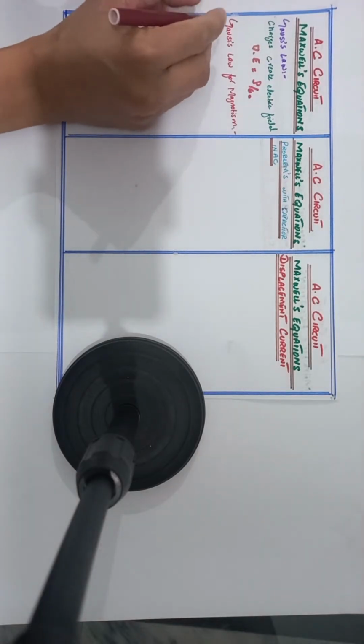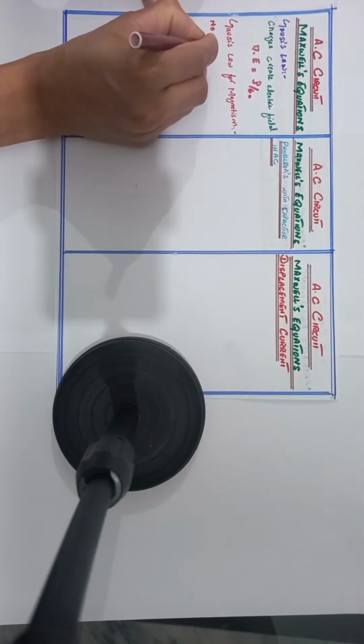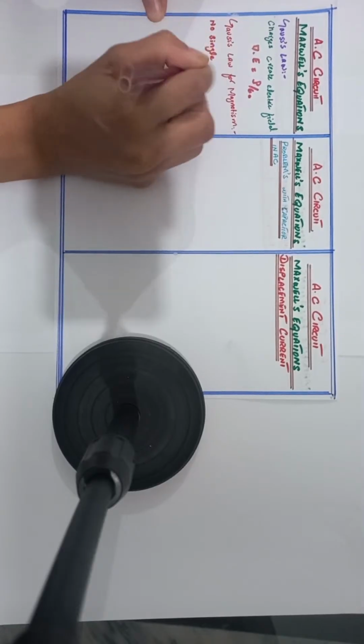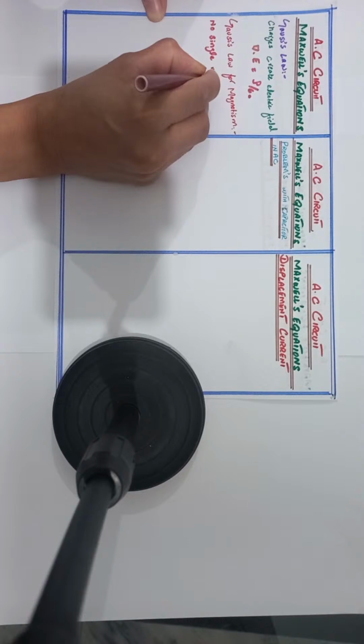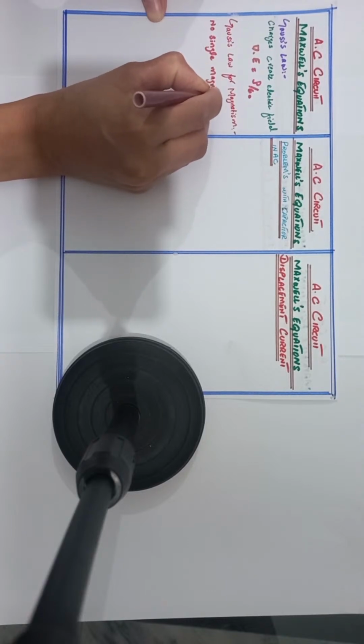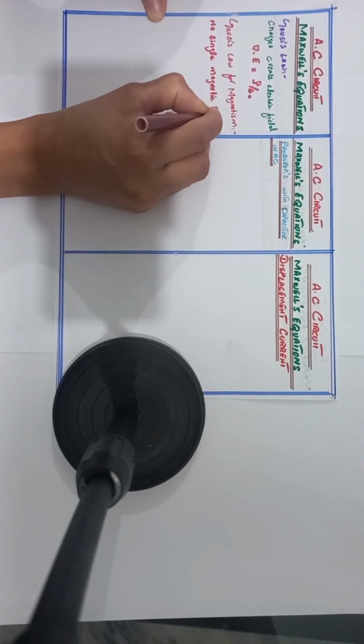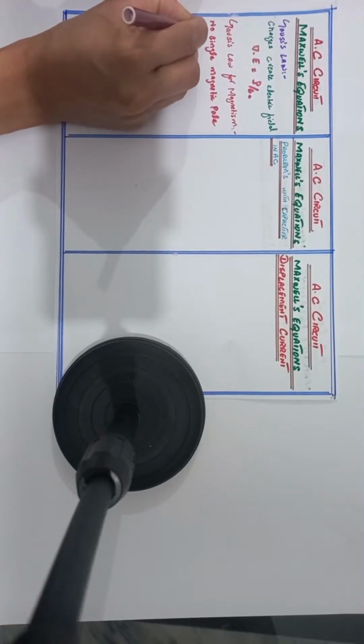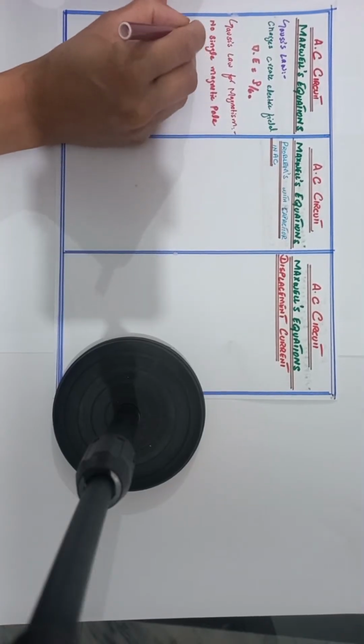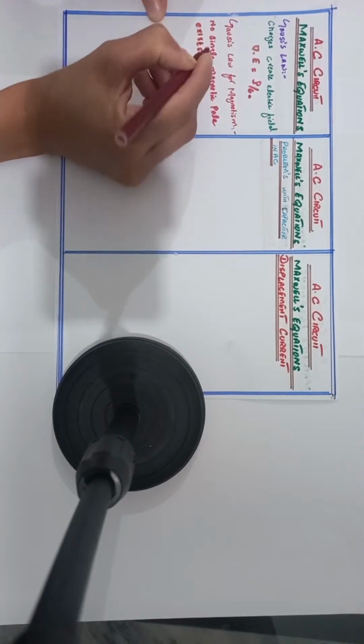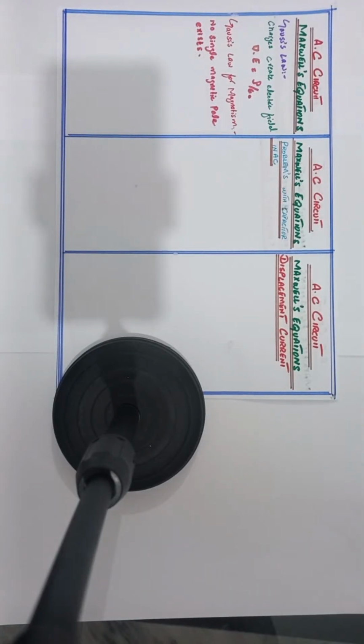In a magnet, two poles always exist. So Gauss law says that no single magnetic pole exists.